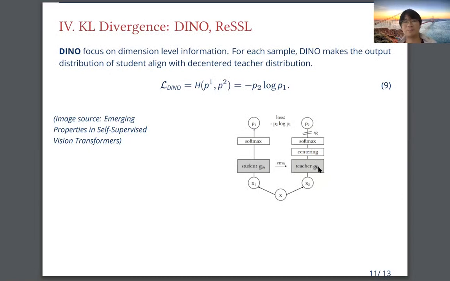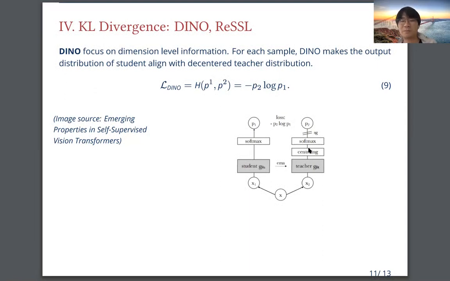So it is the momentum encoder. And here, the output of the momentum encoder, which they also call the teacher encoder, will go through a decentering part, which is a normal operation of just subtracting the mean value of the representation.